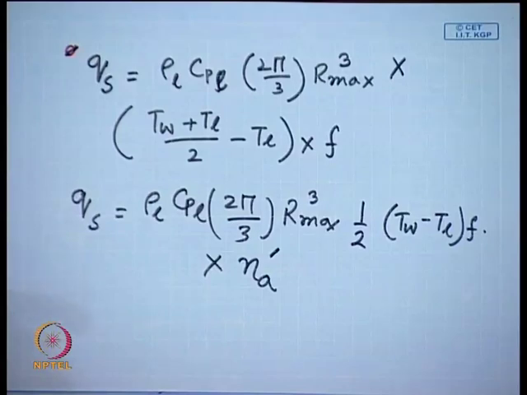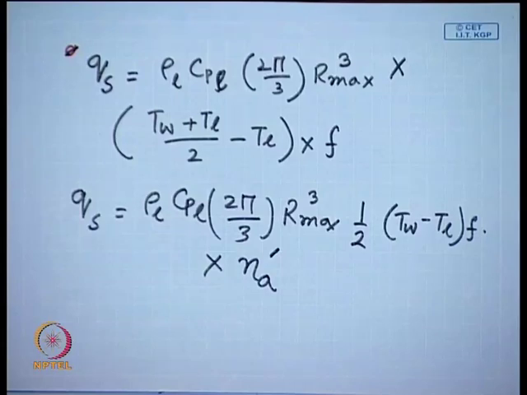Now, this expression you please see a bit carefully. First thing here, no latent heat is involved. This is one way of looking into the problem. I am not telling that this is the correct way of looking into the problem, but no latent heat is involved. So, basically this is some sort of a single phase correlation applied for the boiling process.